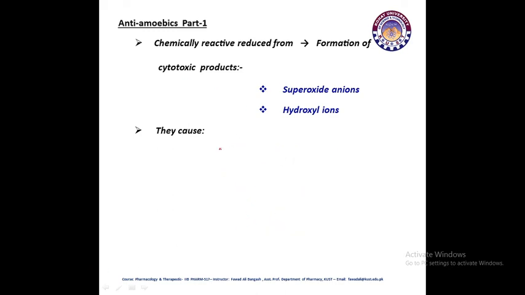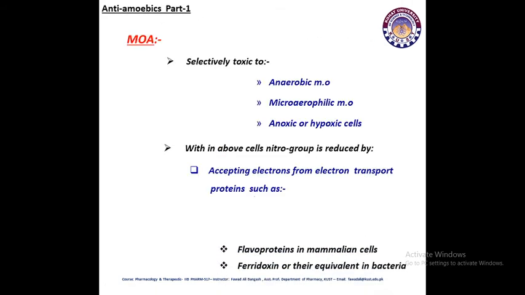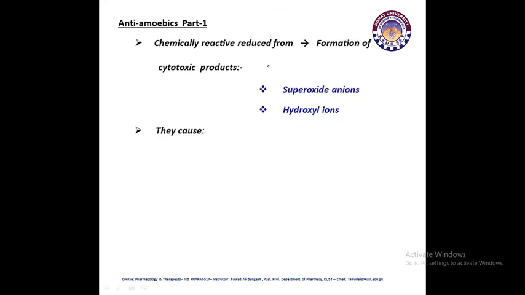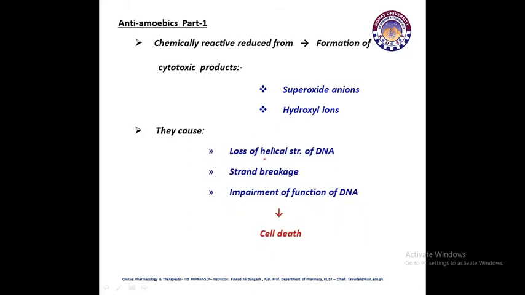The nitro group is reduced by accepting an electron from the electron transport chain. They produce cytotoxic products like superoxide anions and hydroxyl radicals, which ultimately cause loss of helical structure of the DNA, strand breakage, and impairment of DNA function, resulting in cell death.